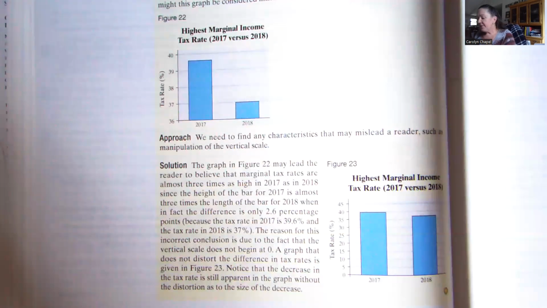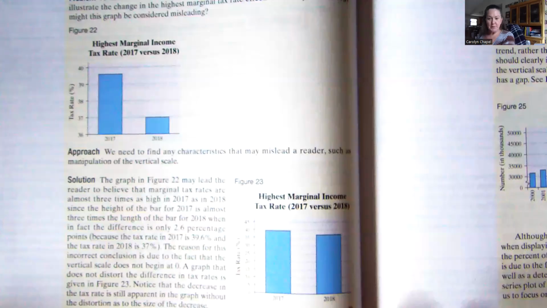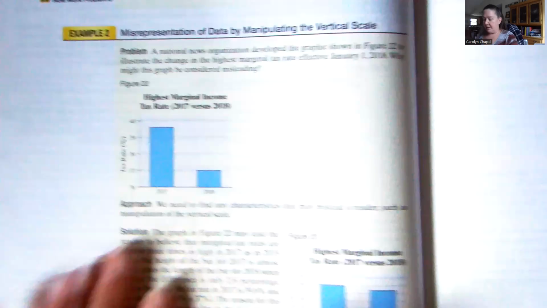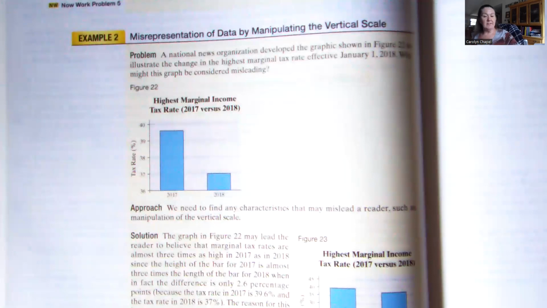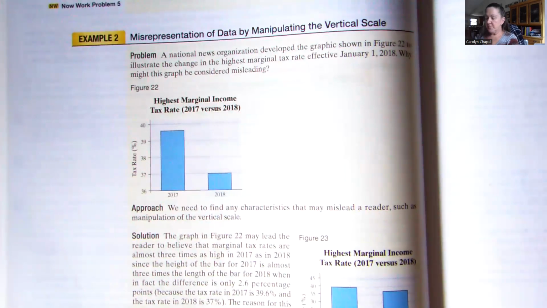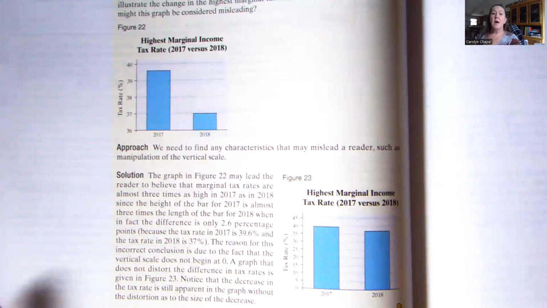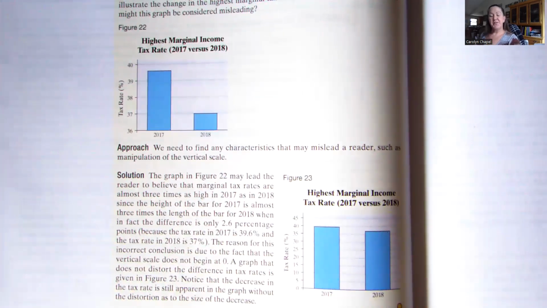All right, and this one is actually from our textbook. And this is the same graph, so that's why I like these, because they show you the exact same information, but two different views.